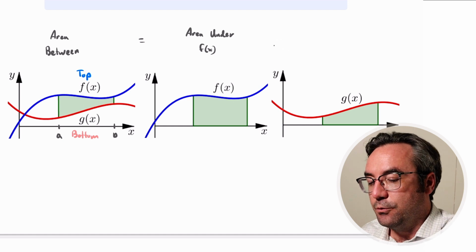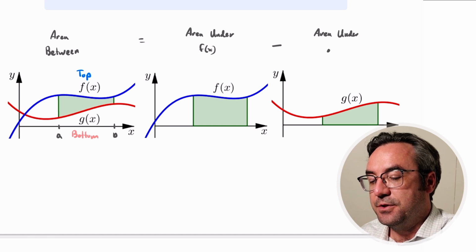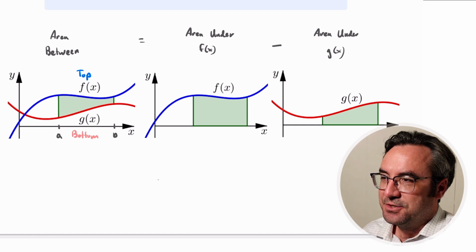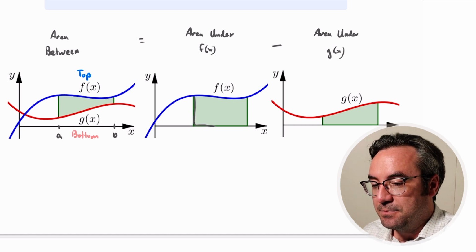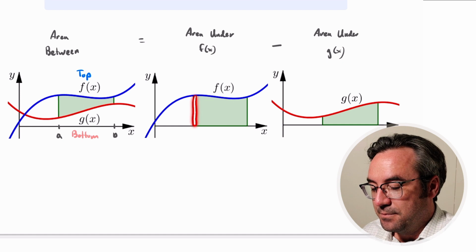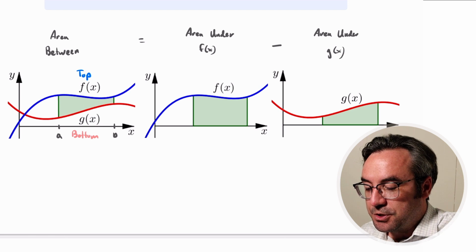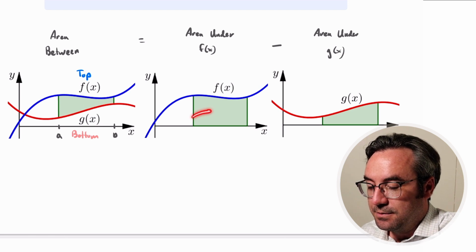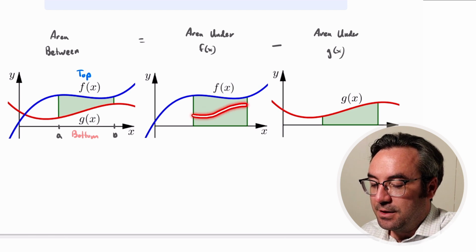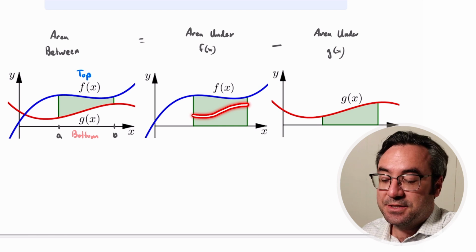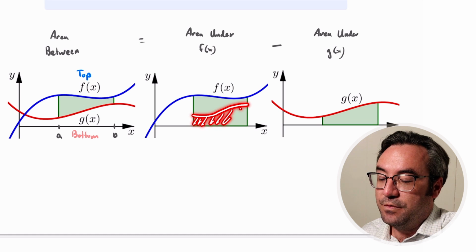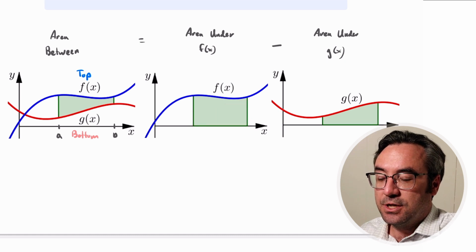So we're going to remove or subtract the area that also sits underneath g of x. So imagine if you had a piece of paper, and all we're going to do is cut along the line g of x, and we're going to remove that section here. So that's all we're doing.